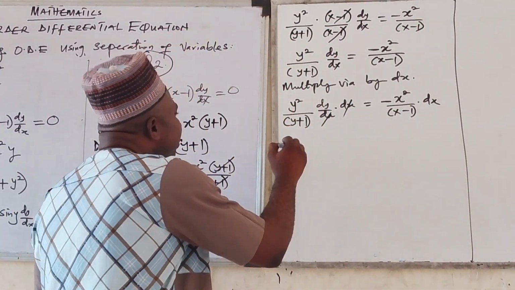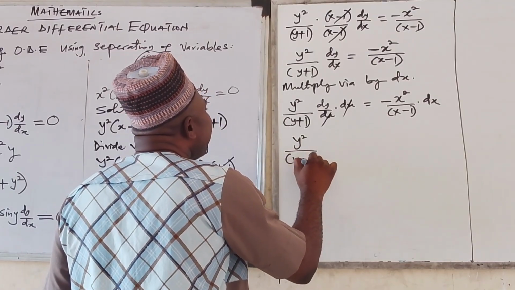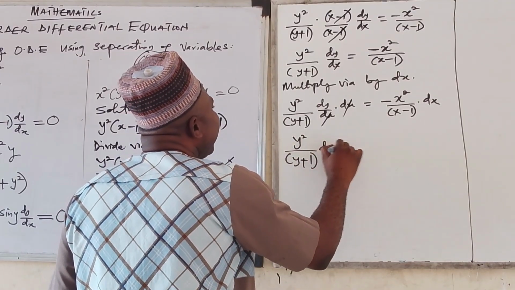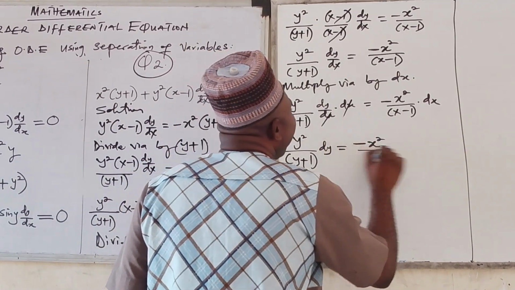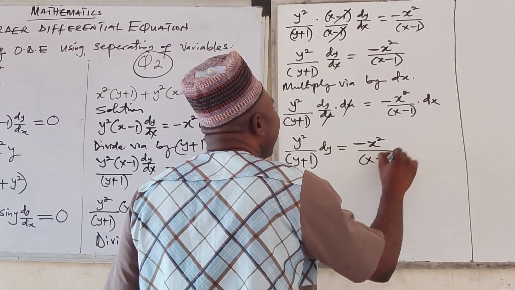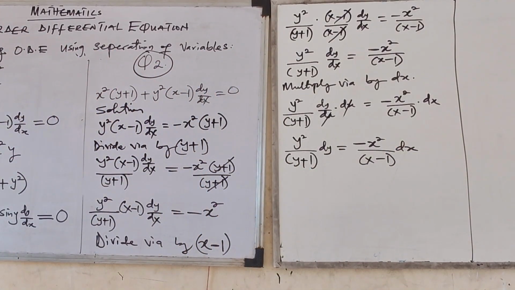So here we'll be left with y squared all over y plus 1 dy is equal to minus x squared all over x minus 1, then here we have dx.